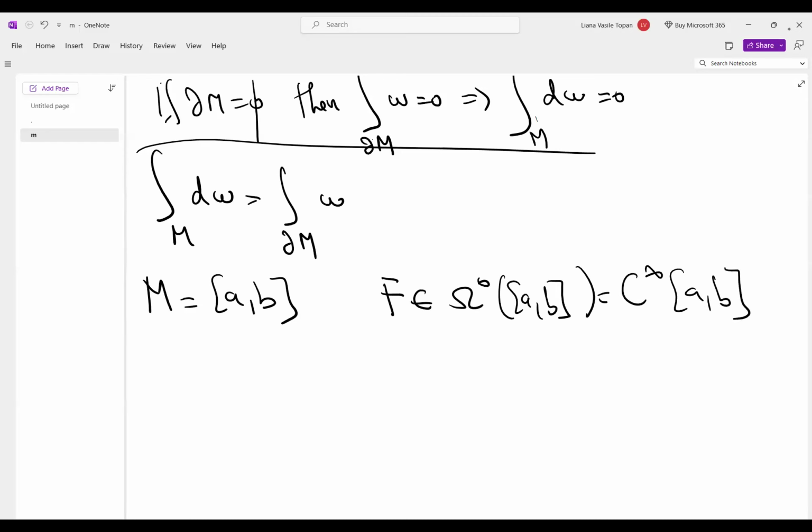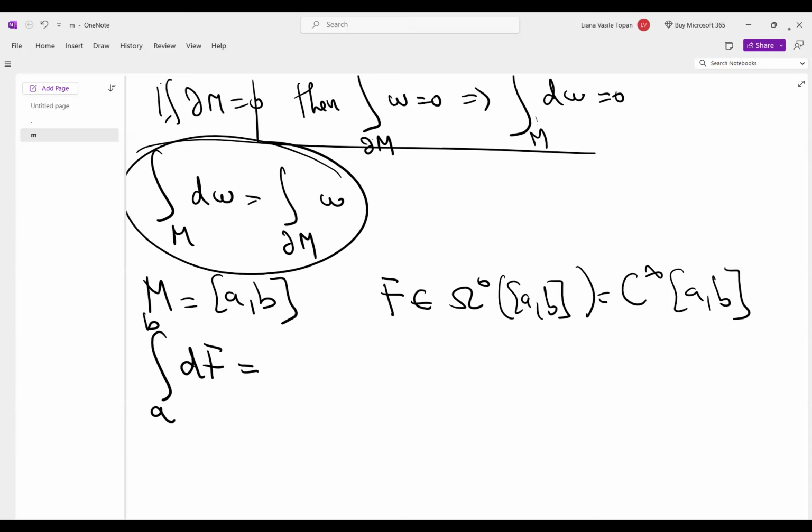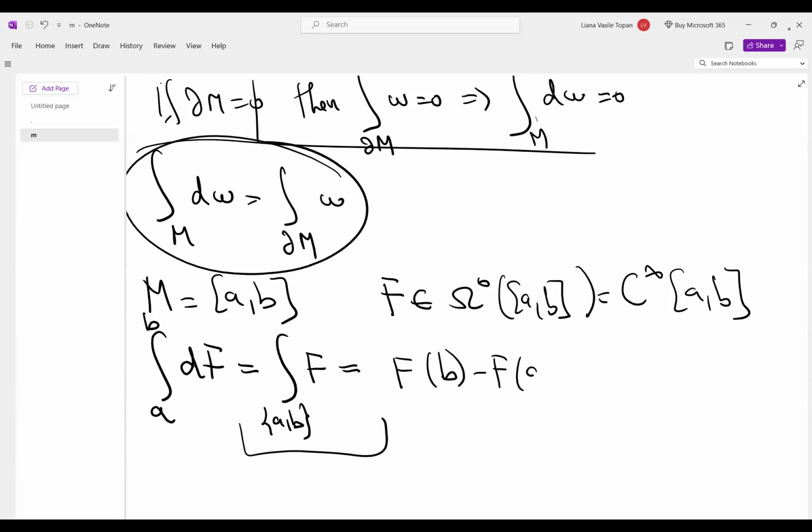Now, if we write it here, we'll have the integral on the interval from a to b of the differential of f. Using Stokes theorem, this will be the integral on the boundary of M, which contains 2 points, a and b, of f. But this one will be f of b minus f of a. F, you see, is a 0 form.